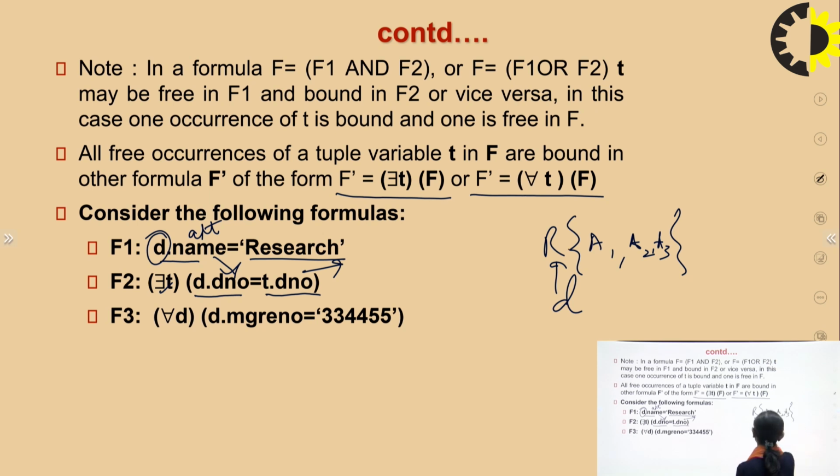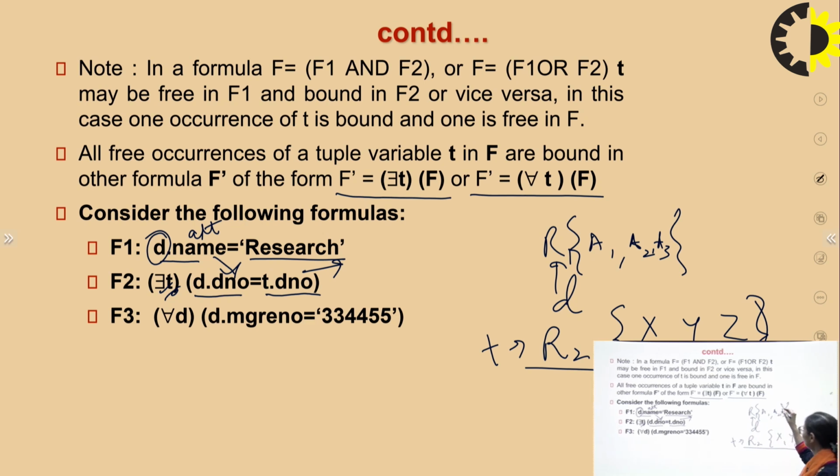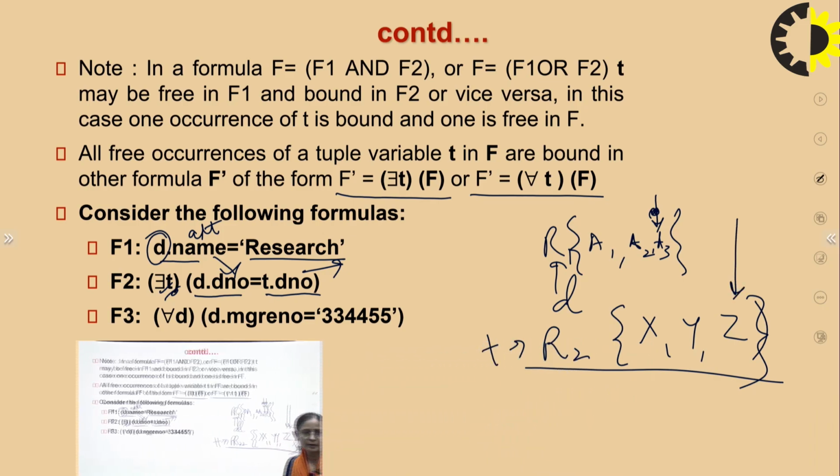For example, the range of D is R1, and for the range of T, I am saying it is R2, and maybe in this R2 relation I have the attributes X, Y, Z. So, in the formula F2, there exists a tuple T in this relation such that D dot D number, this particular attribute, is equal to this particular attribute.